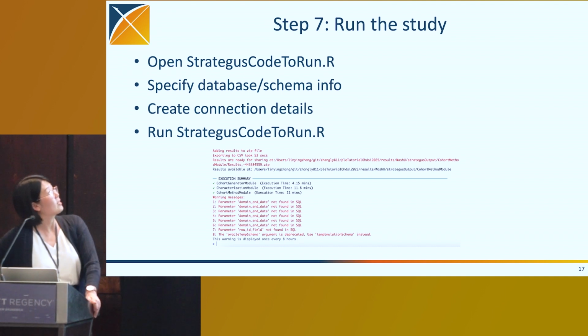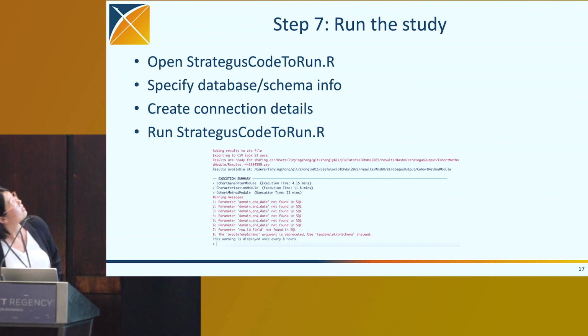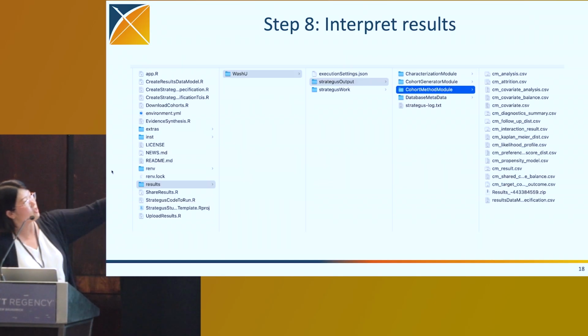Yeah, so this was when I was doing it. I ran it, and after it finished running, this is what I see. There's an execution summary. It tells me how long each module takes to run, and for my cohort method, it was 11 minutes, so I'll total under half an hour.